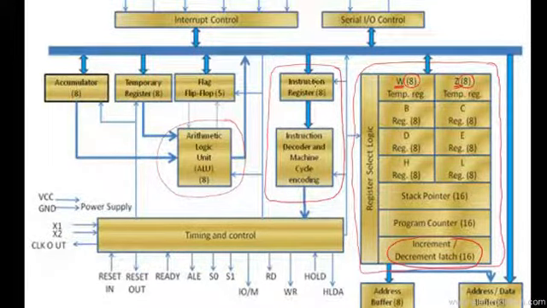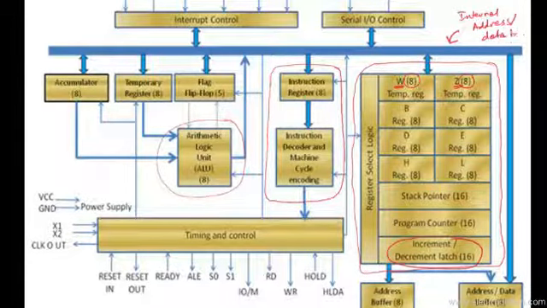Now in this section, what the instruction register does is this: whenever an instruction comes, and this part over here represents the internal data bus. I'm just gonna write that down over here, that this is actually the internal address or data bus. So this is present internally within the 8085 microprocessor.